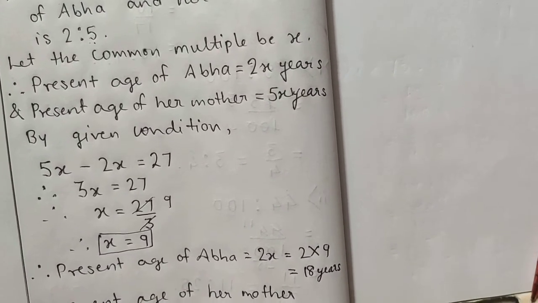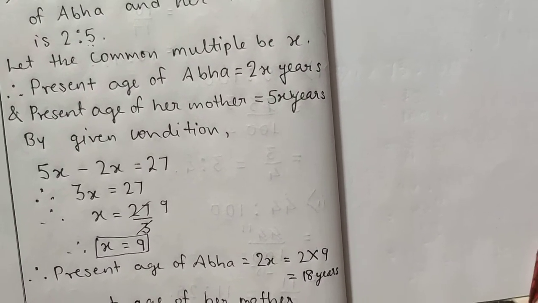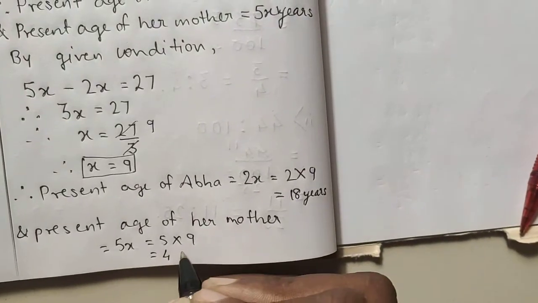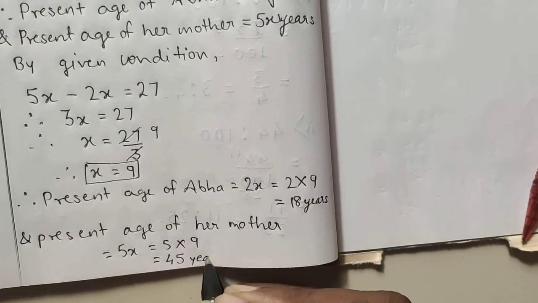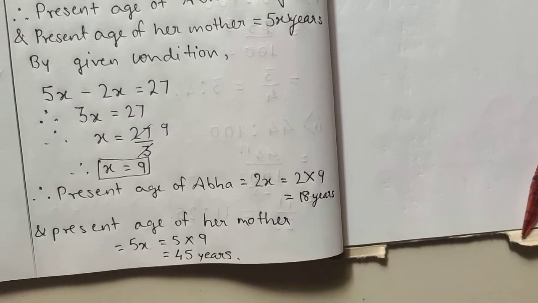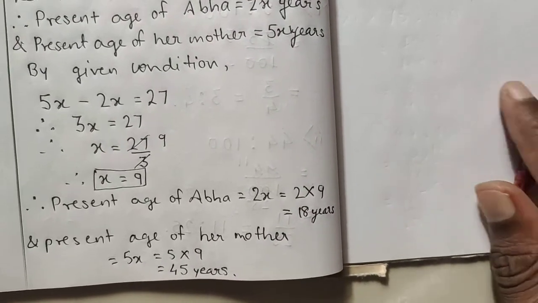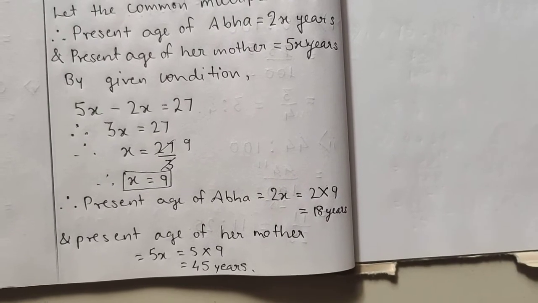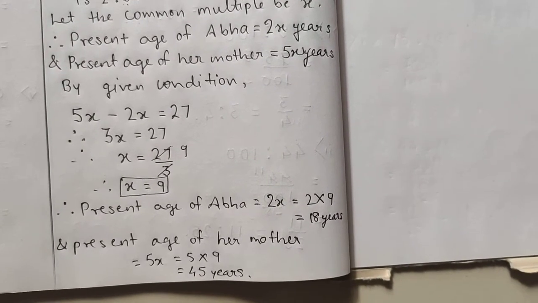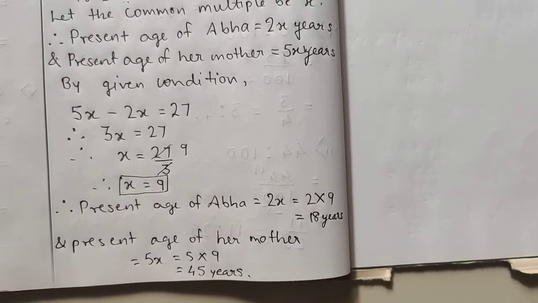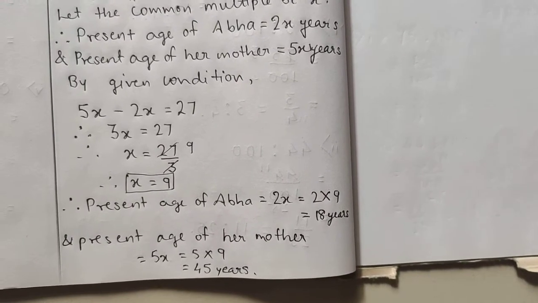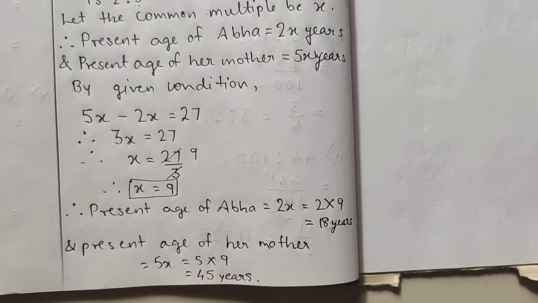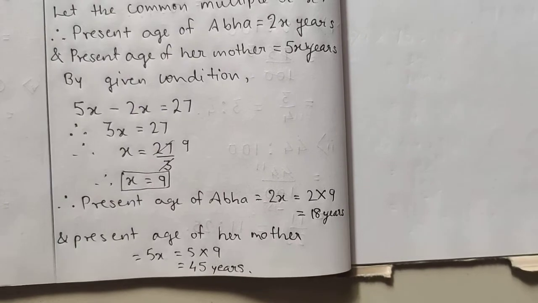That means 5 into 9, and 5 9s is what? 45. So present age of her mother is 45 years. So students, we got our answer, that is present age of Abha 2 into 9, that is 18 years, and present age of her mother, that is 5 into 9, 45.